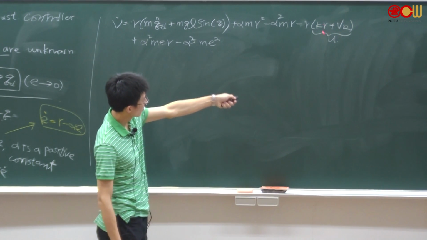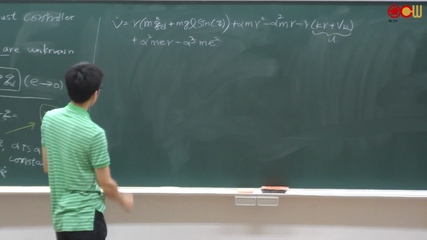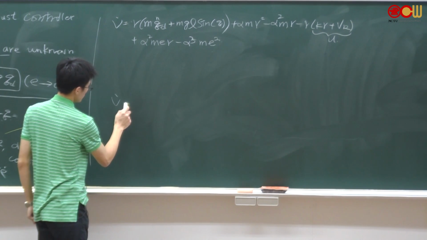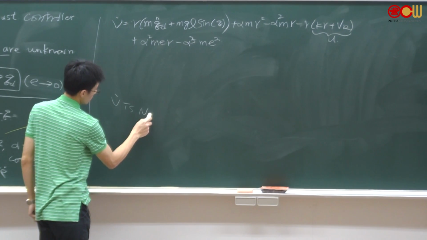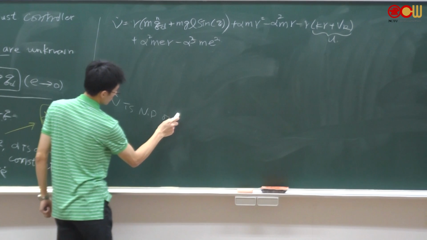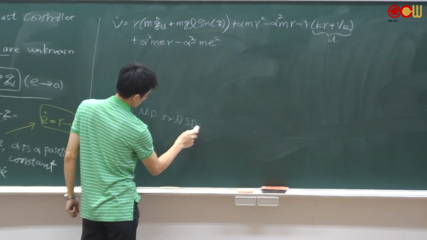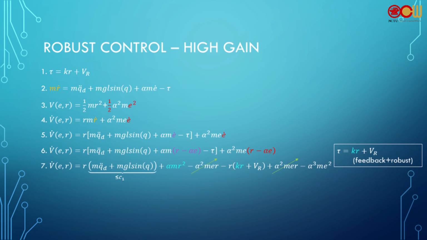And the design of this can probably prove this to be ND or at least NSD. Okay, and maybe you need to choose some gains, K, for example, K greater than alpha M, right? Because here's a negative term, here's a positive term. The gains have some conditions to be satisfied to guarantee stability, right?